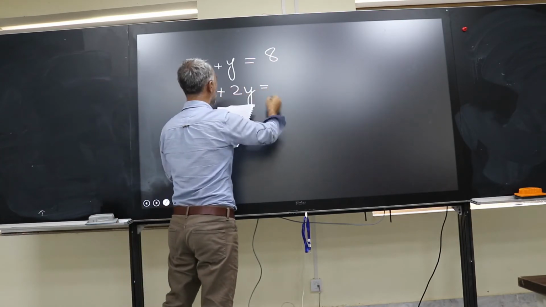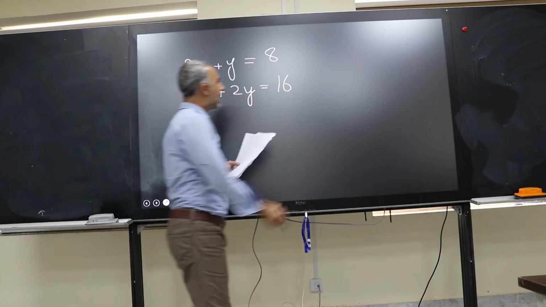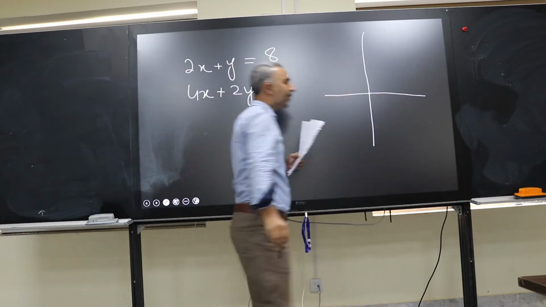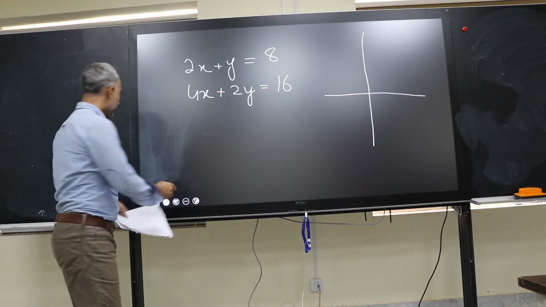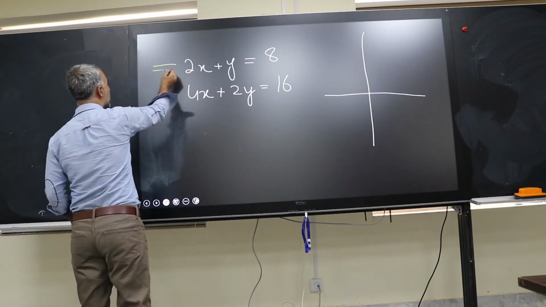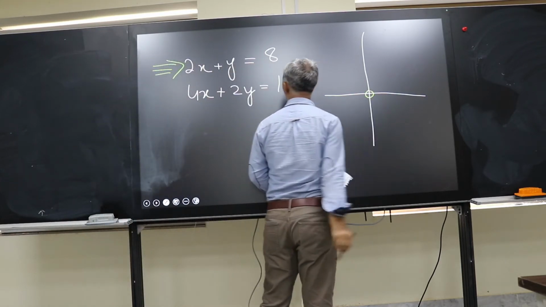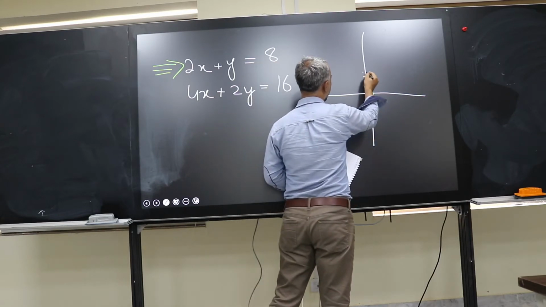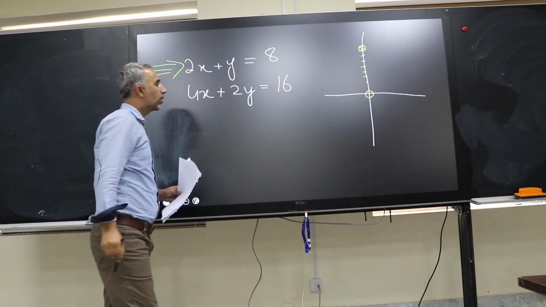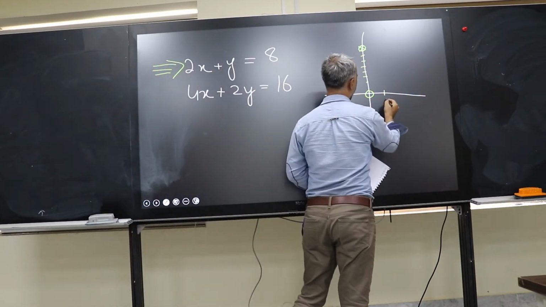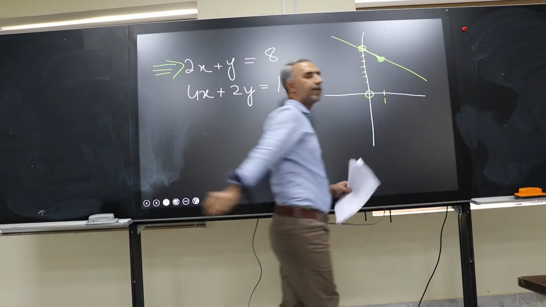Similarly, consider another system of two linear equations. With the help of graphical notion, we easily understand and interpret what is going on. By assuming x equal to 0 in the first equation, y is 8. If x equals 1, y is 6. By connecting them, this is the line.